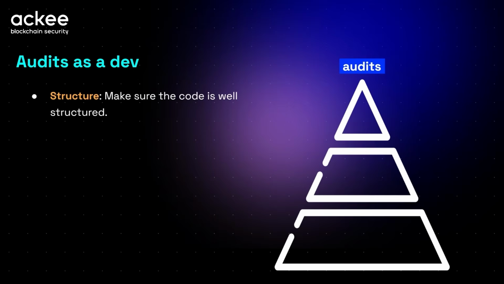The next point is that it can help your team members understand the smart contract faster and better. If the smart contract is well structured, new team members can better understand the logic and can be included faster in the workflow and the development process.